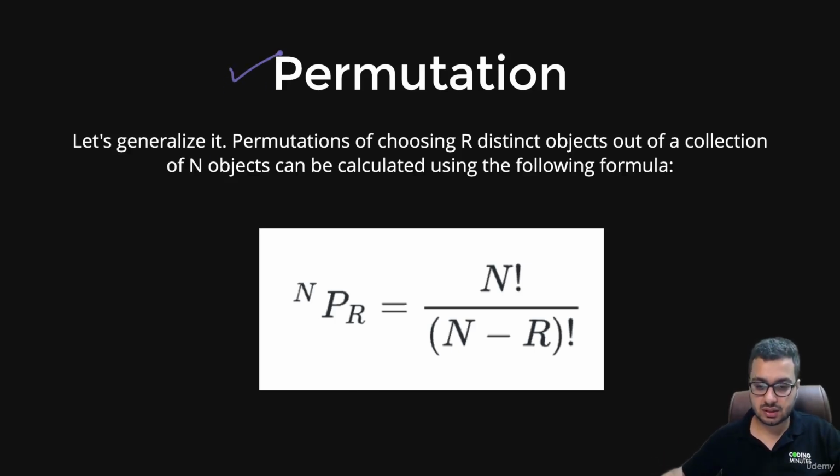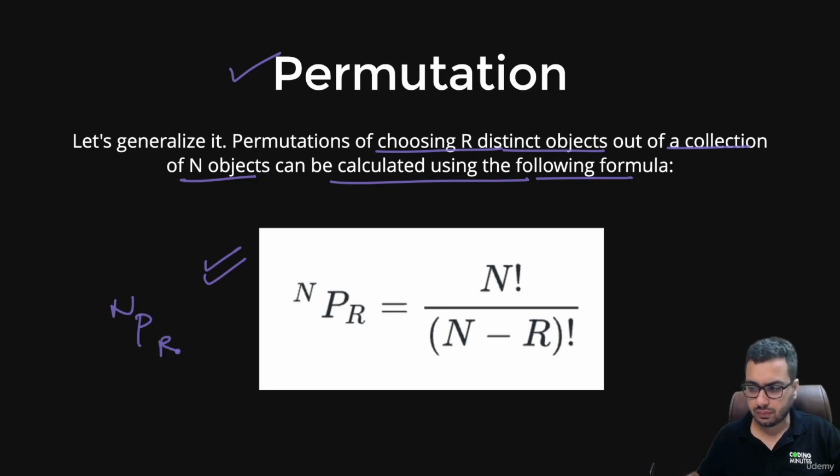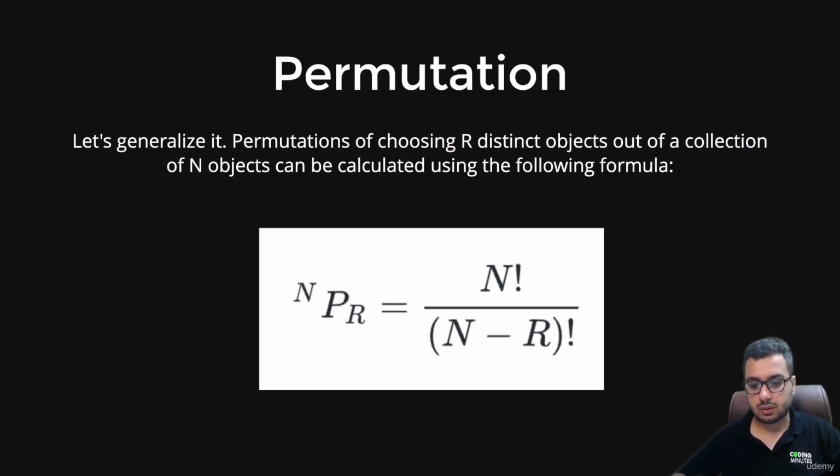Permutation is a way of arranging r distinct objects out of a collection of n objects, and it can be calculated using the following formula. This is the formula for nPr. What is another thing that we can do?